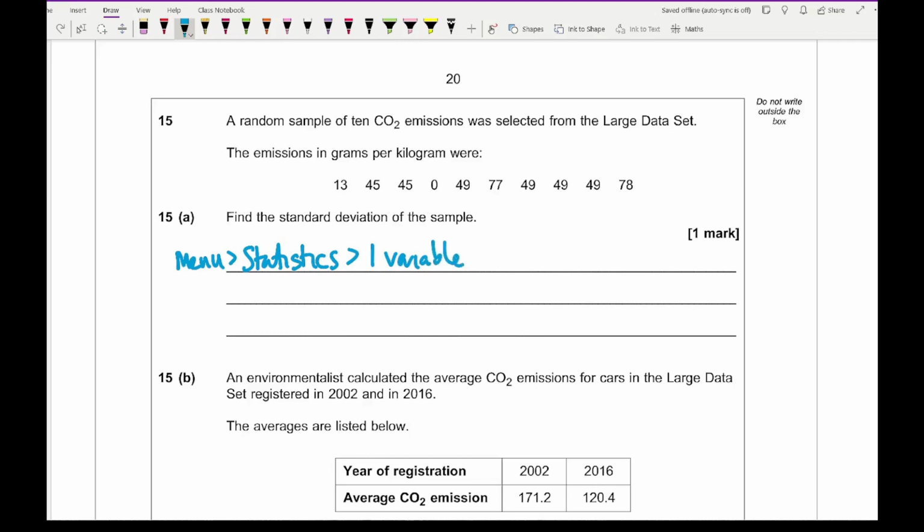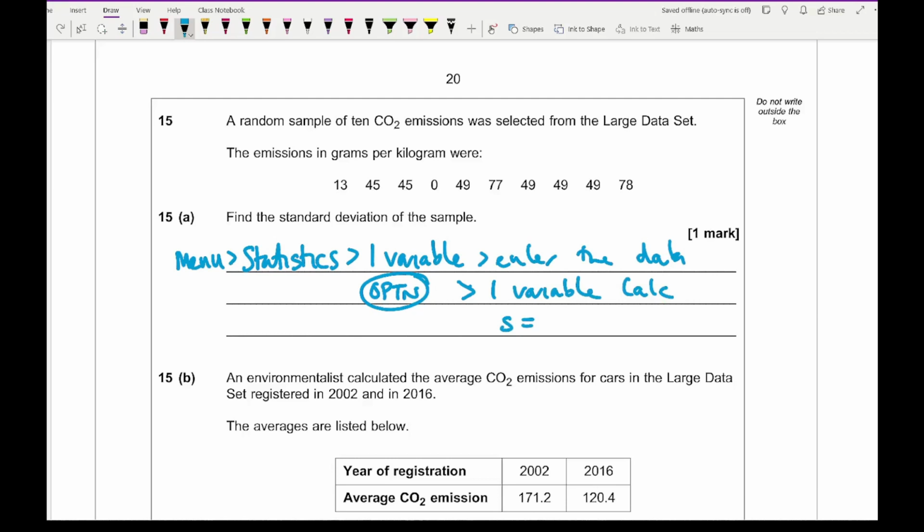and then all you then need to do is enter the data, and then once you've entered it, if you press the option button on your calculator and then go to one variable calculation, and you're looking for, as it's a sample, the s value.